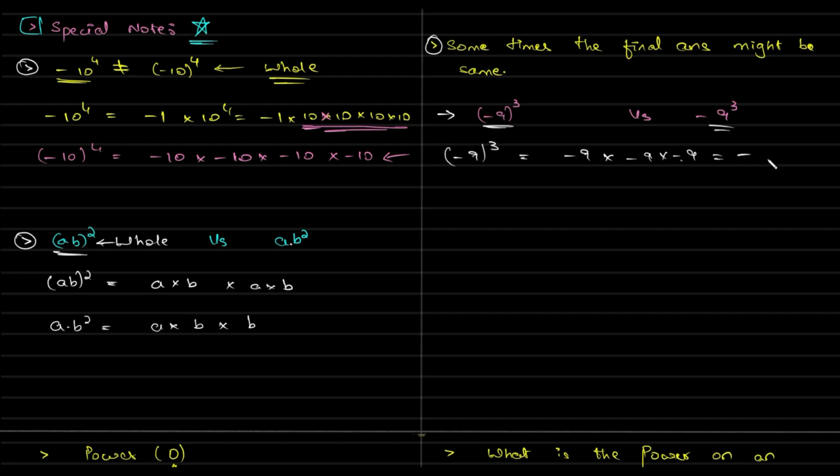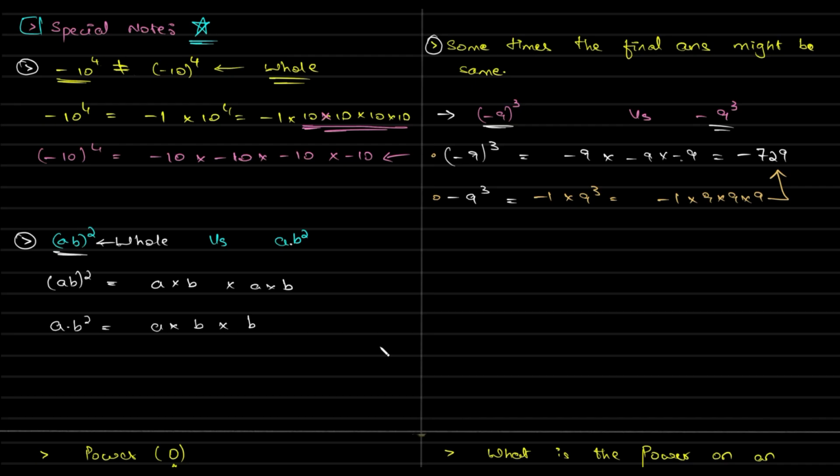Odd number of times, I'll get negative 729, right? Now negative 9 to the power of 3 is nothing but negative 1 into 9 to the power of 3, which is nothing but negative 1 into 9 into 9 into 9. Which too is the same answer, but what we started off with is not the same.